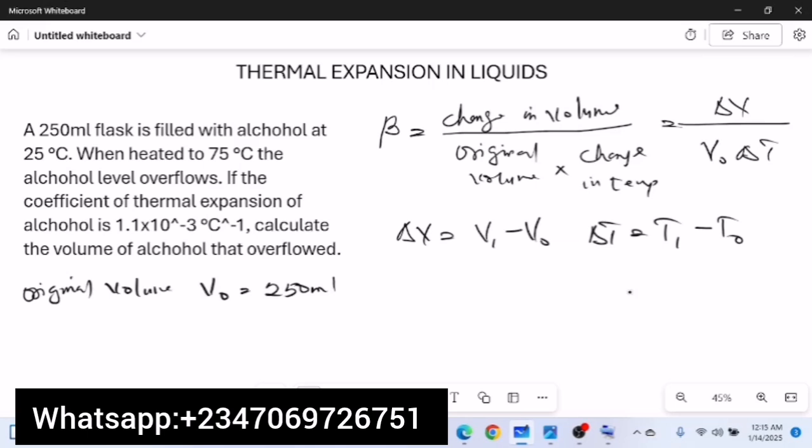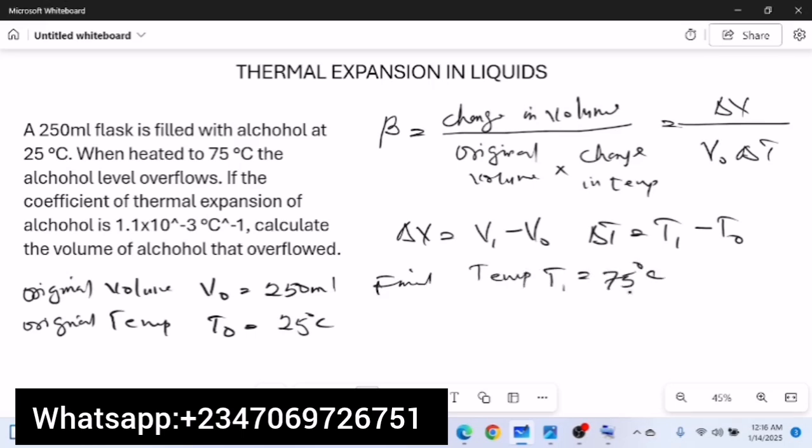Now it's filled with alcohol at 25 degrees Celsius, so the original temperature T0 is 25 degrees Celsius. Now the question says when heated to 75 degrees Celsius, so we have our final temperature. We call that T1 equals 75 degrees Celsius.